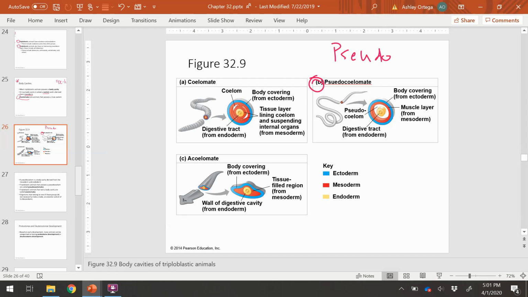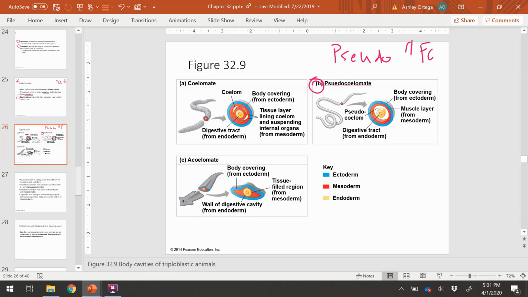That's what you see here in this, I believe, nematode or roundworm. They have a false body cavity that's not completely surrounded by mesoderm germ layer. You can see that opening, that cavity within the animal. One side of it has a mesoderm layer. The other side is a digestive tract that's from the endoderm. So that's a false layer. Anytime you see pseudo, you know it means false. And so this is a false coelomate.